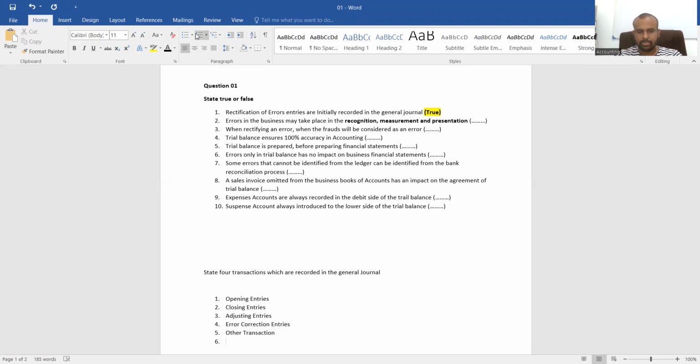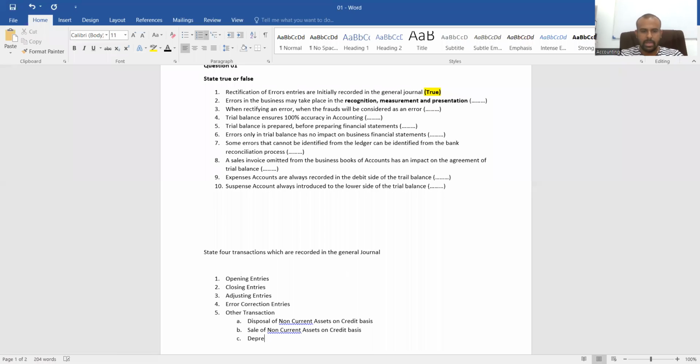Such as what? Disposal of non-current assets on credit basis, sale of non-current assets on credit basis, depreciation, all these you could say, right?